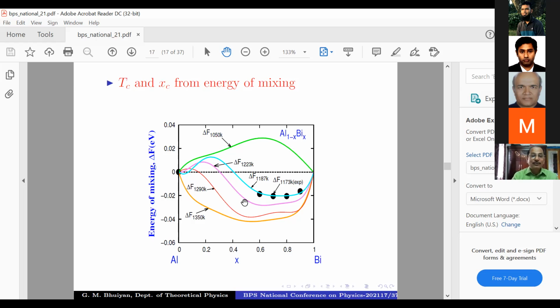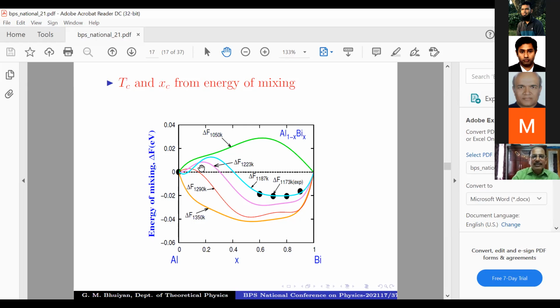Now here, if you look at the energy of mixing at different temperatures, you see at high temperature, this is the curve for energy of mixing. It is liquid-like, which indicates the mixing state. When we reduce the temperature, you see there is a hump in the energy curve, and so the segregation or phase separation starts from here.